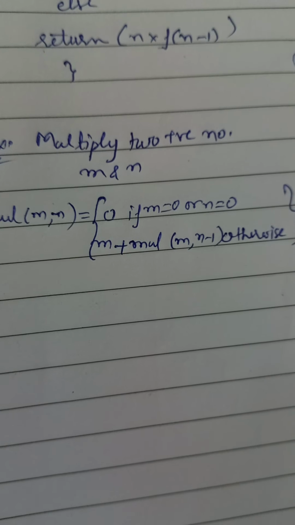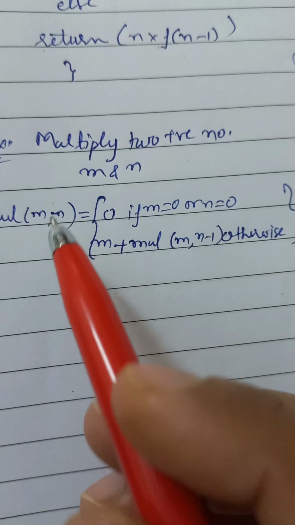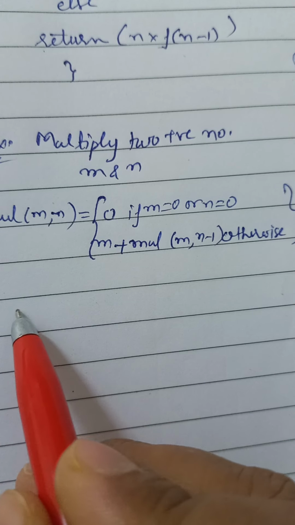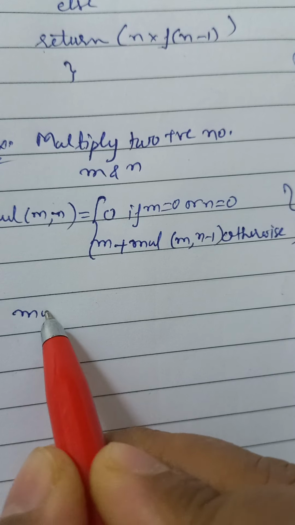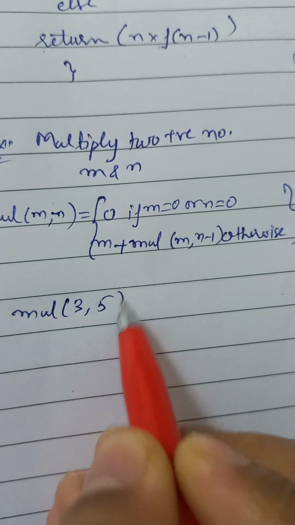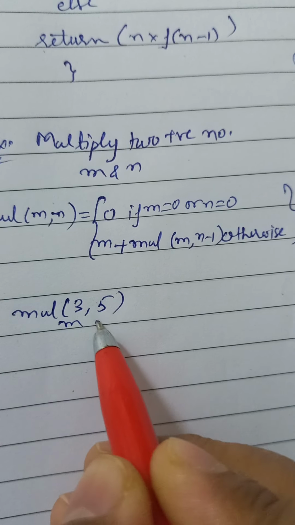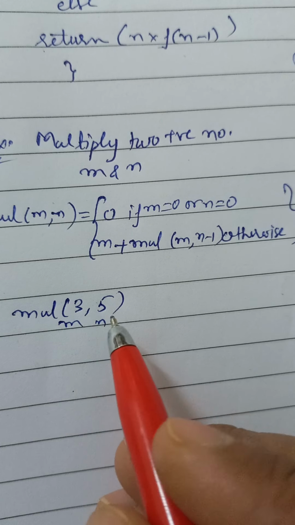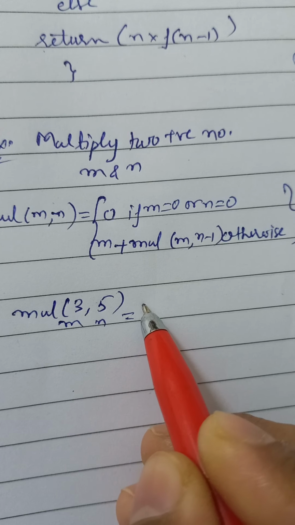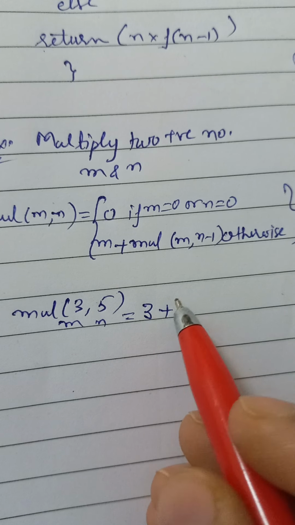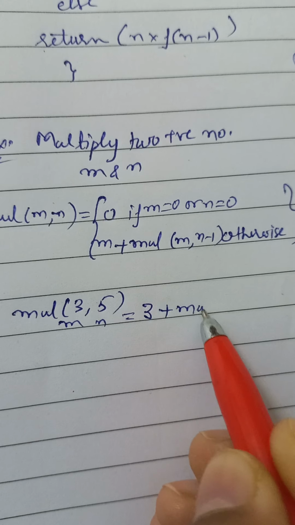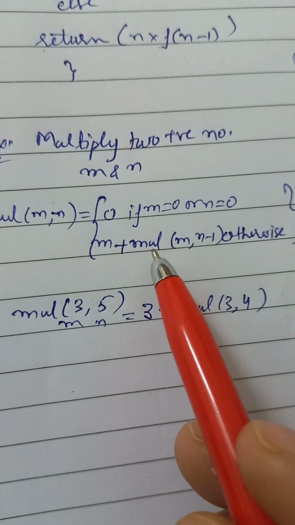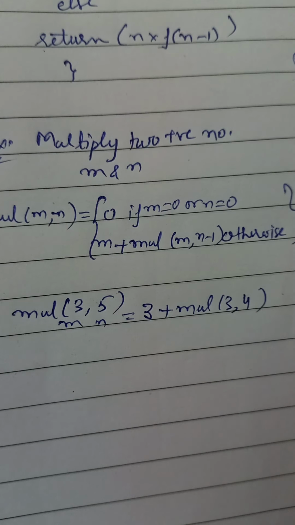So how is it going to work? Suppose we are taking m and n values like this: multiply 3, 5. This is m, this is n. It is going to work like this: 3 plus multiply 3, 4, that is m plus multiply m n minus 1.